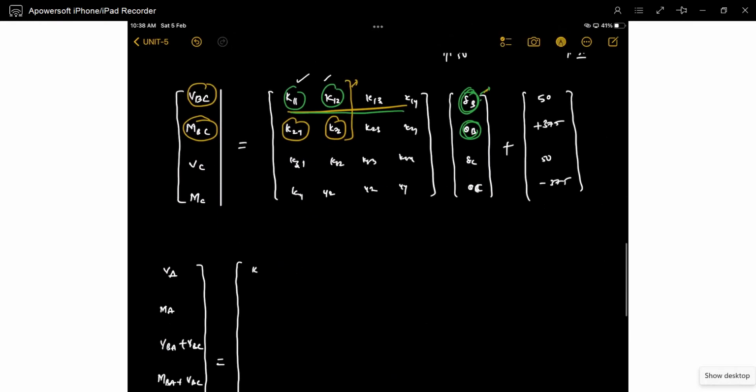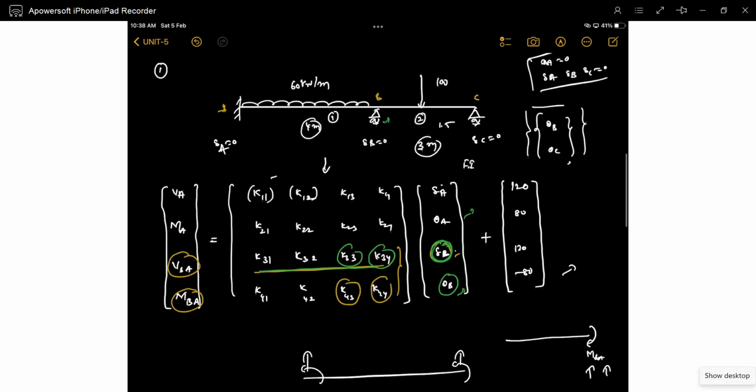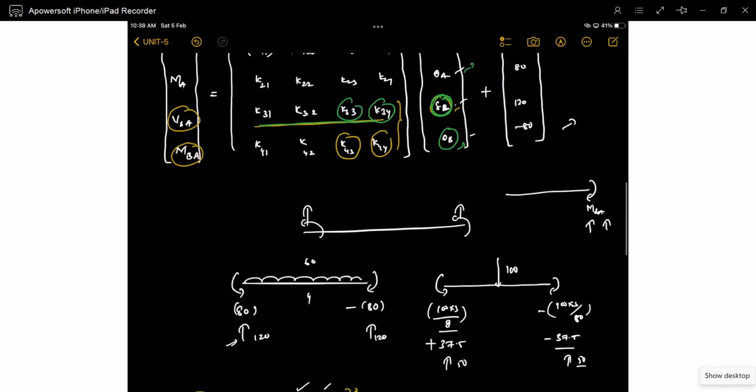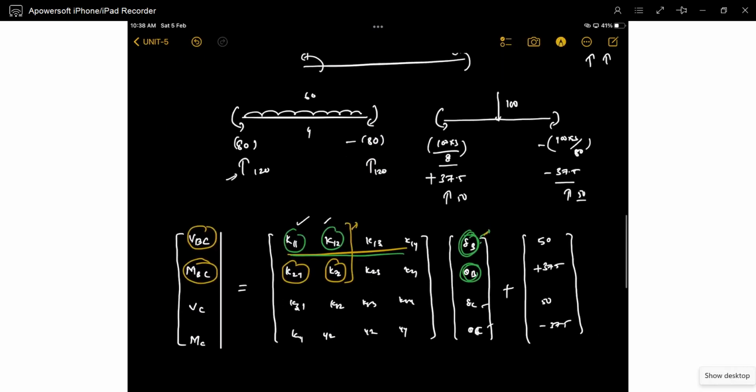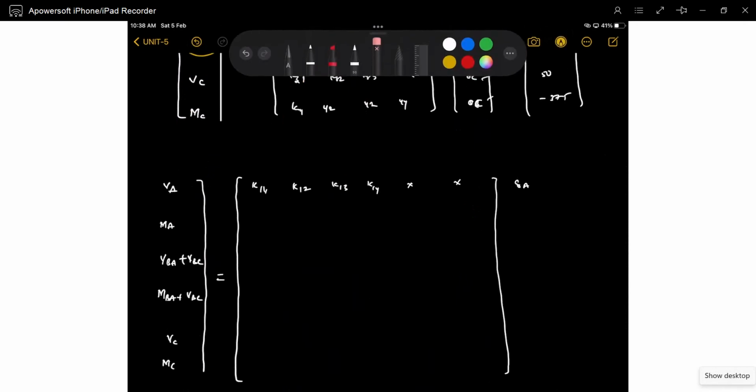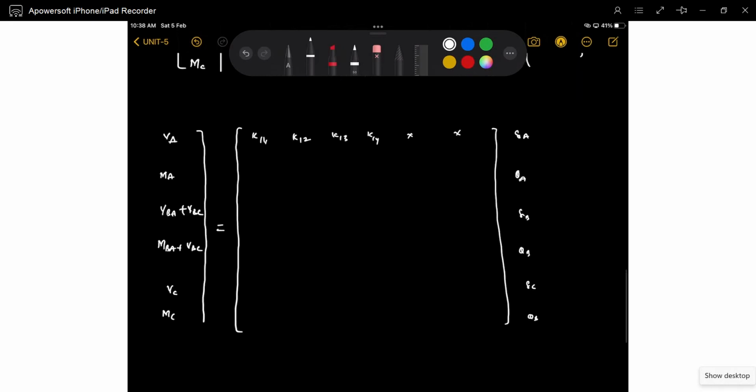This k11, k12, k13, k14, and these two are zeros, because VA is related only to delta A, theta A, delta B, theta B. It is not interested in theta C. The columns are delta A, theta A, delta B, theta B, delta C, theta C. So for VA, these four you multiply with these four, sufficient.